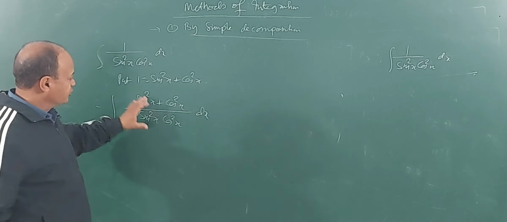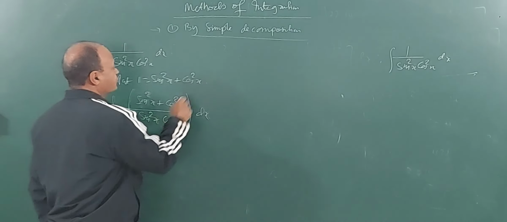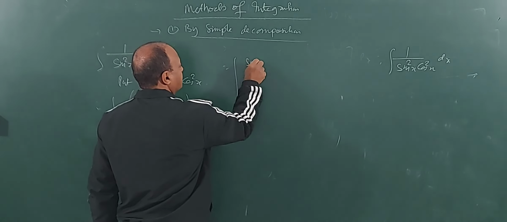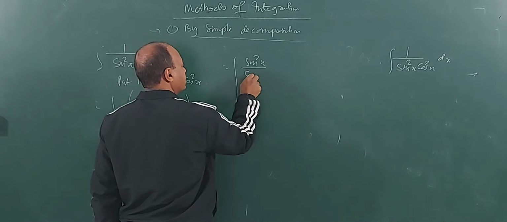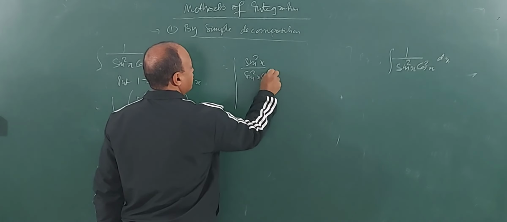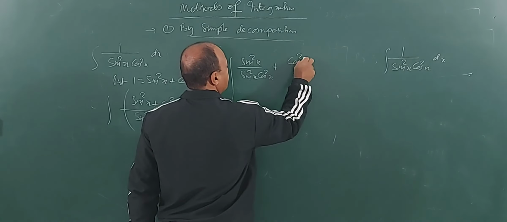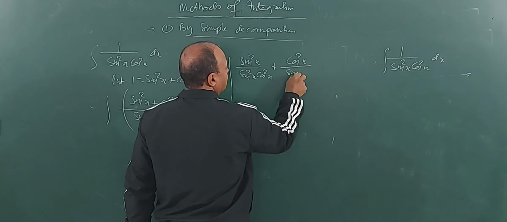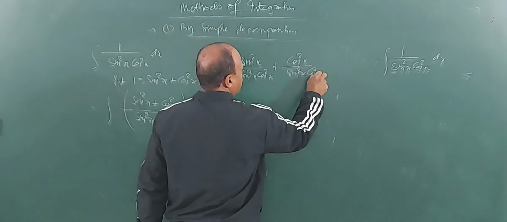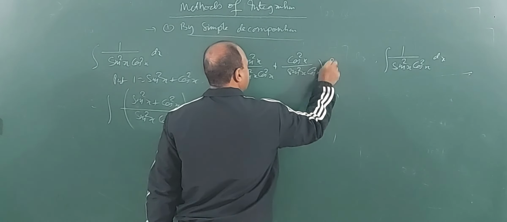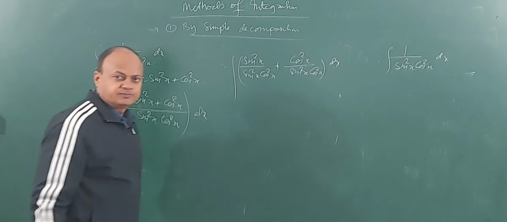So I will split into two parts. It will be sin square x divided by sin square x cos square x plus cos square x divided by sin square x cos square x, and I am going to integrate this with respect to x.